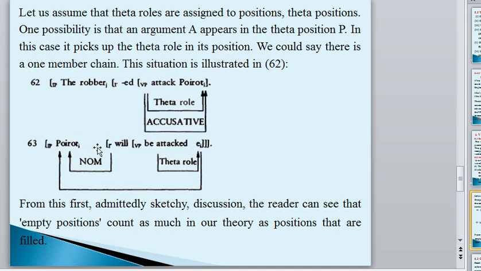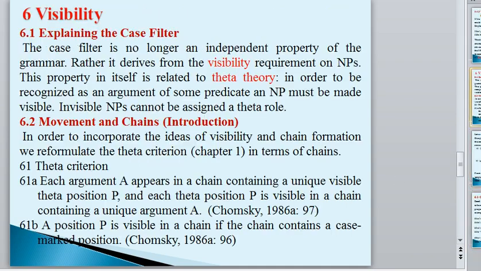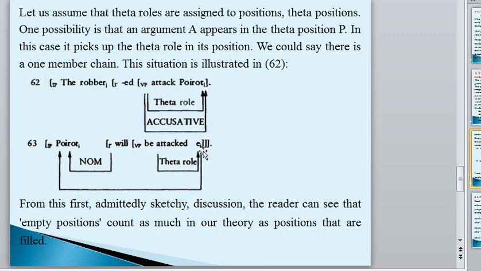So this is a kind of chain, so the theta role can be assigned to the chain. This is the empty position of the moved element, the Poirot. So this is the movement and the chains, as I told you, according to this example. So we call it the chain, okay?